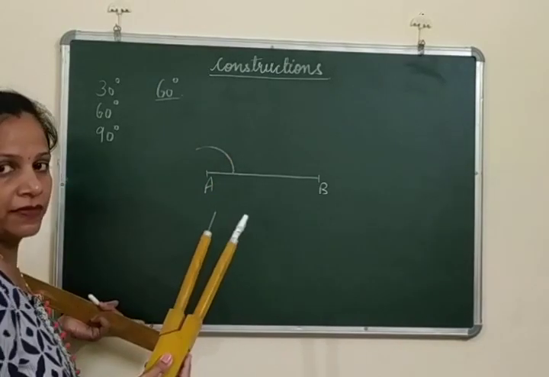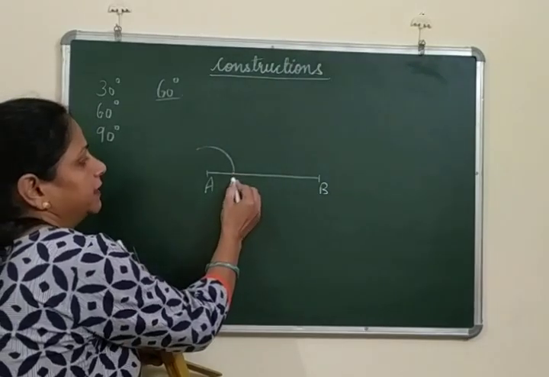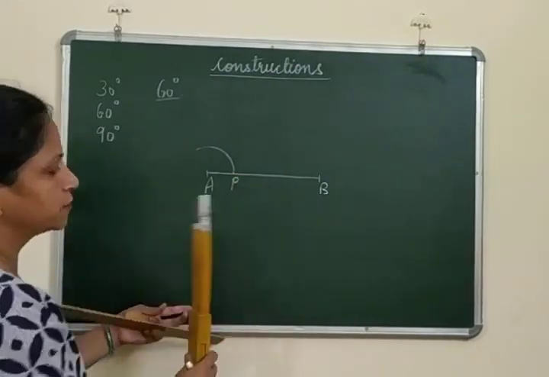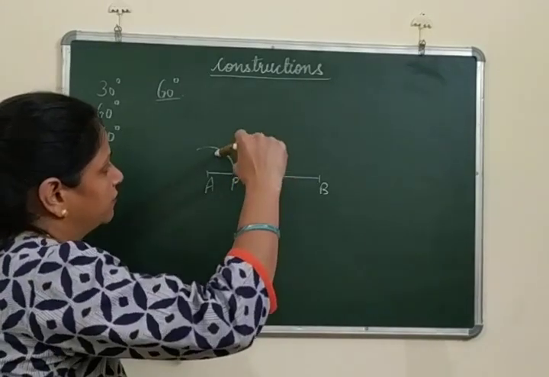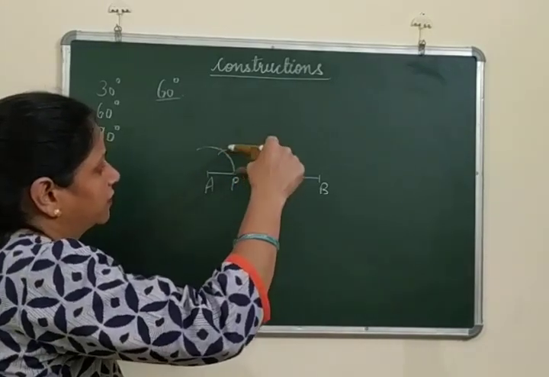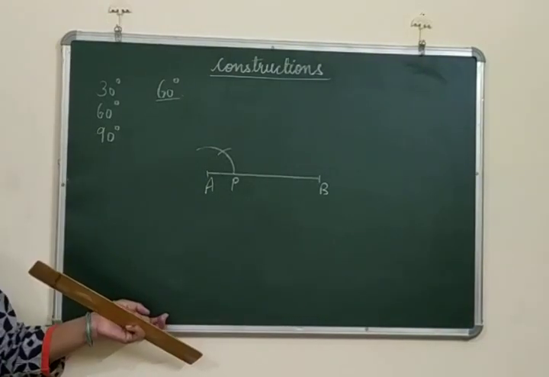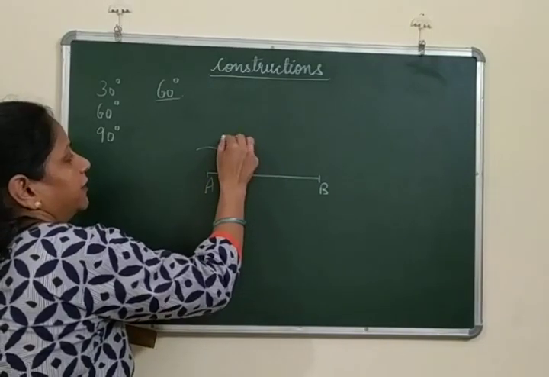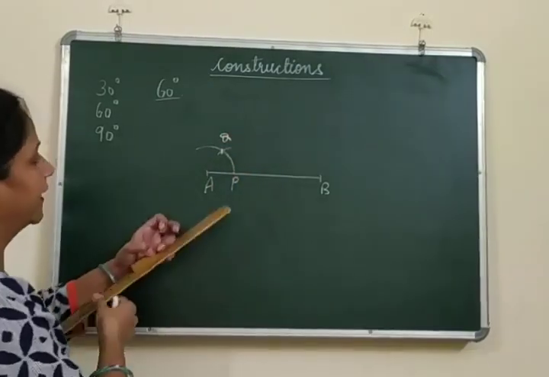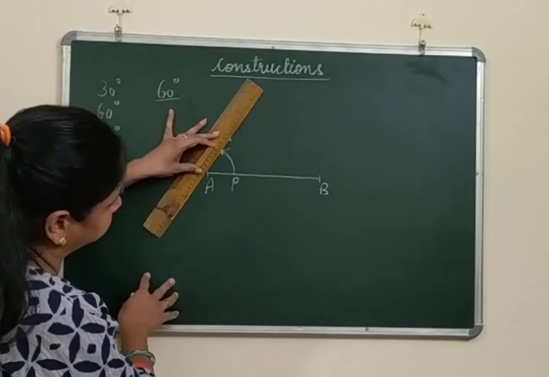Then, from the point that you have got, with the same radius, cut the previous arc. After cutting this, you get this point, let it be Q, and then join AQ like this.